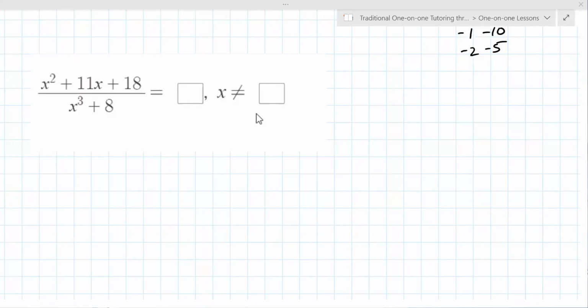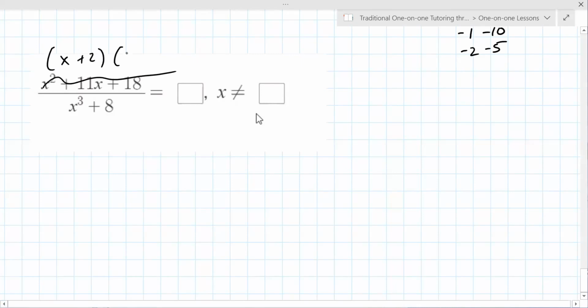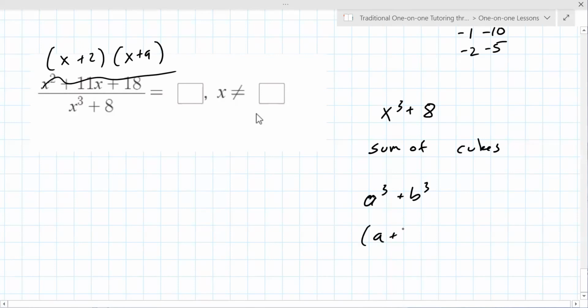All right, so I'm gonna quickly do the numerator here because we've done enough of these that I think you understand. Now the bottom is what's called sum of cubes. And there's a formula, a cubed plus b cubed. If you don't know the formula, you just can't do this problem, but it becomes a plus b, a squared minus ab plus b squared.